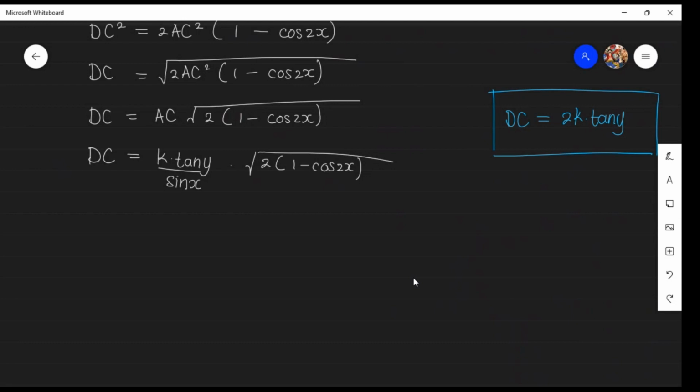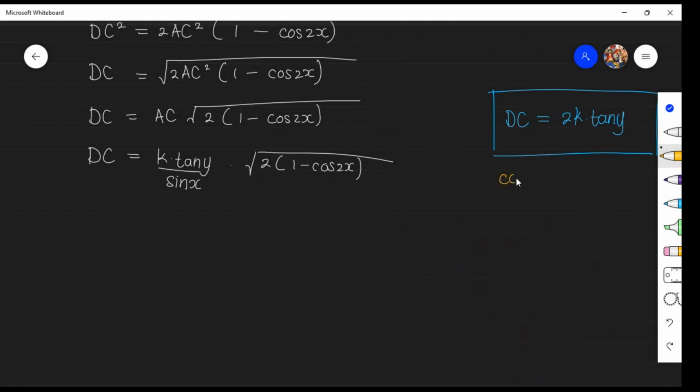So what we now need to do is get rid of cos and get rid of sine. If you notice, sine is a denominator and cos is a numerator. So we need to somehow get a sine on top in the numerator. We need to turn cos into sine so that it can cancel out with the sine x at the bottom. So let us see, how can we do that?